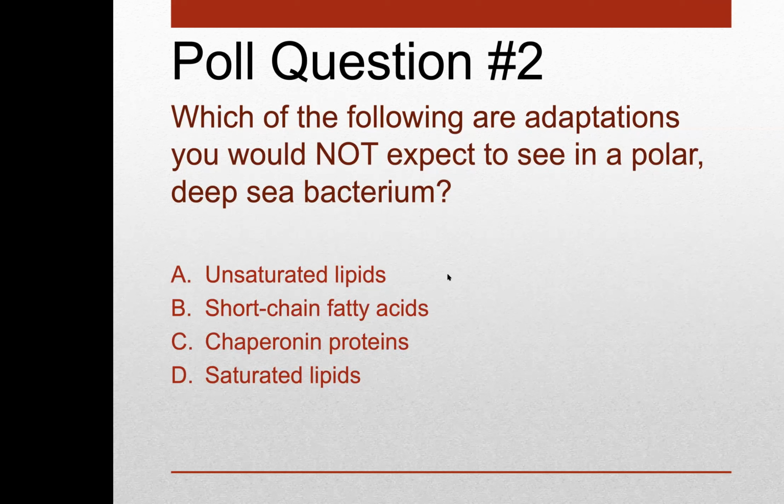So it looks like most of you put D, saturated lipids. So why did we say saturated lipids? Somebody who put D, why is that not what you expect down there? Because where did we see saturated lipids? What group? Thermophiles.